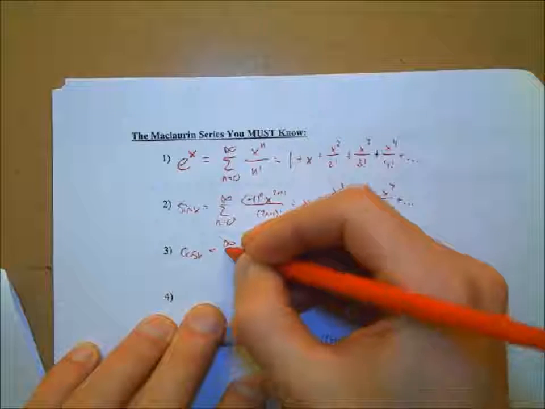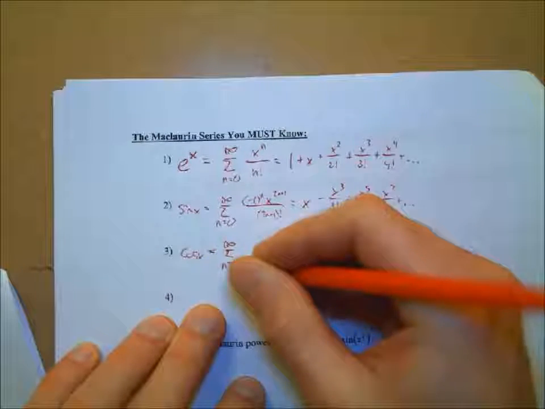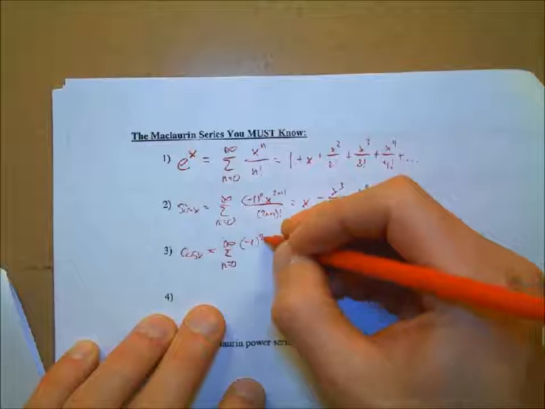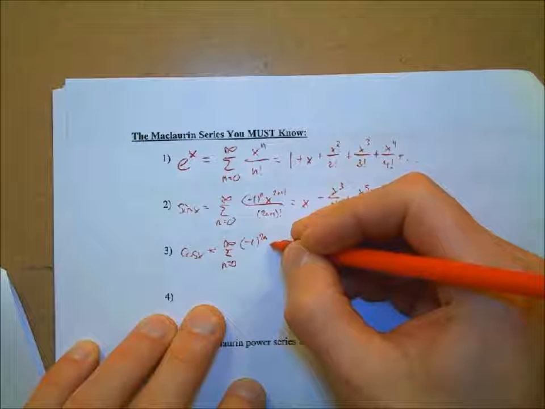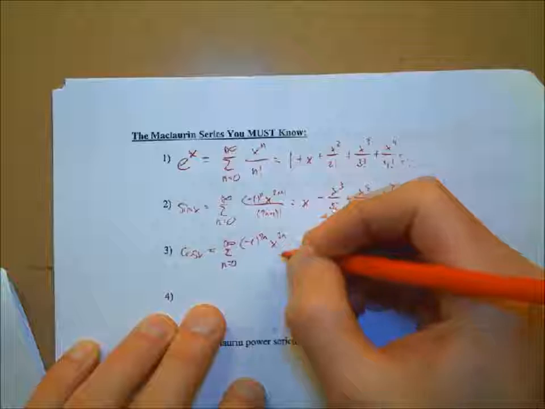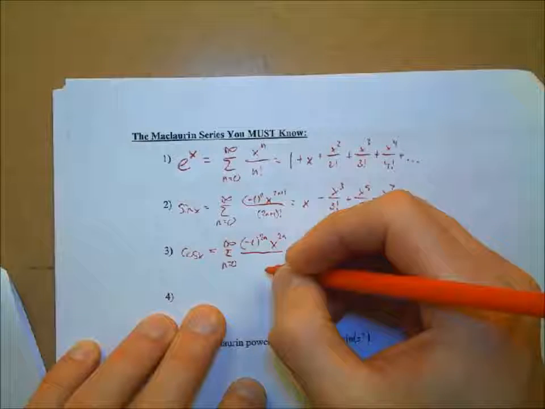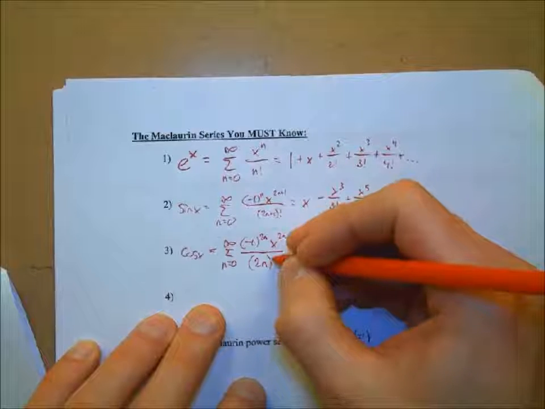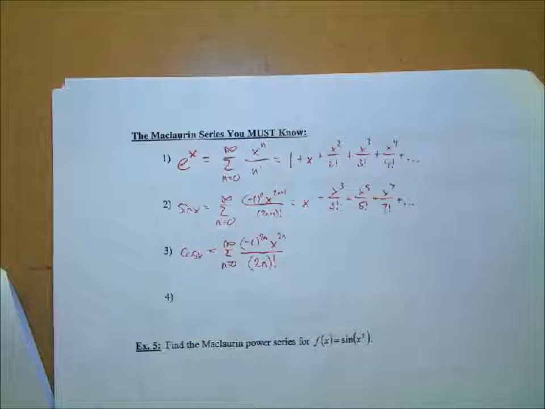which is exactly the sum from n equals 0 to infinity of negative 1 to the n times x to the 2n over 2n factorial.